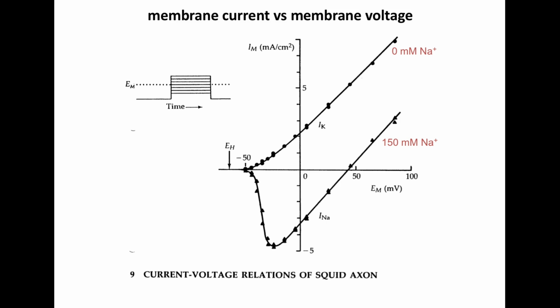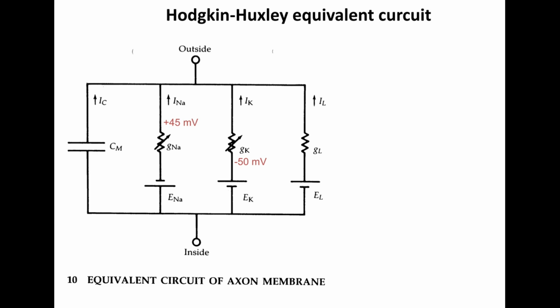Now, together with our earlier knowledge that the Nernst potential of the sodium ions is plus 45 millivolts, and that of the potassium ions is minus 50 or minus 60 millivolt, we can extend the model and come up with the so-called Hodgkin-Huxley equivalent circuit, in which we assume that the two conductances, G sodium and G potassium, are not fixed resistances, but depend on voltage.